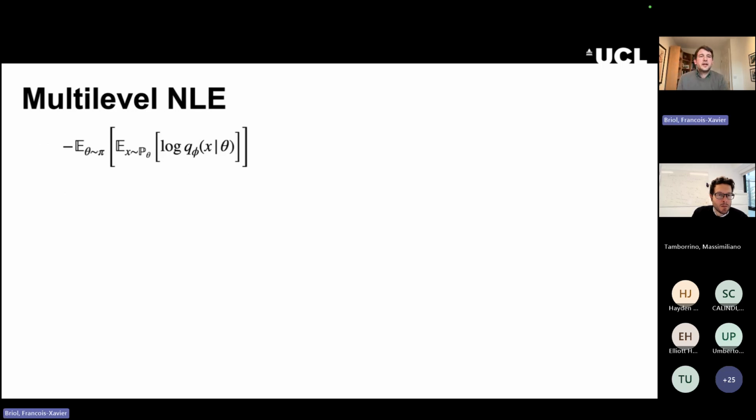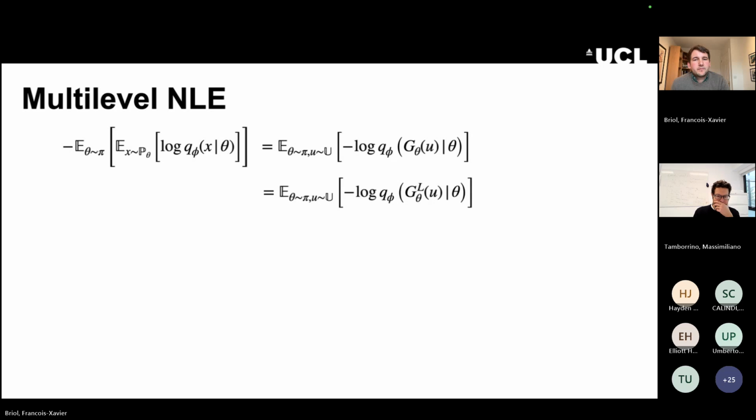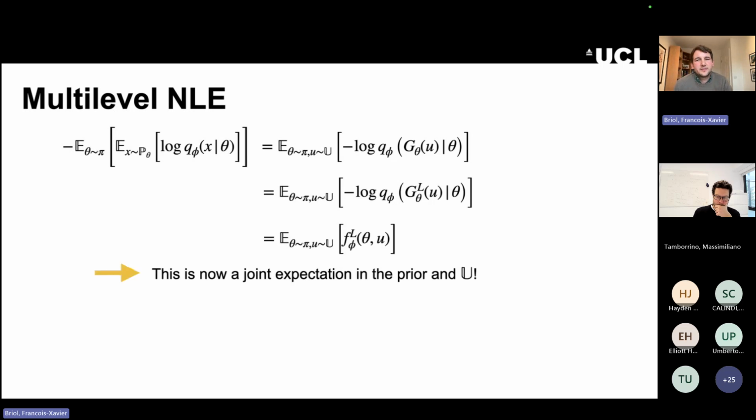Now, if I go back to neural likelihood estimation, I told you that this is an approximation of this quantity. So we're trying to approximate this expectation using simulations. What I can do is rewrite this expectation using my change of measure with the generator, the deterministic part of the simulator. If I have multiple simulators, i.e. multiple generators, I can just rewrite this with the most expensive of the simulators.